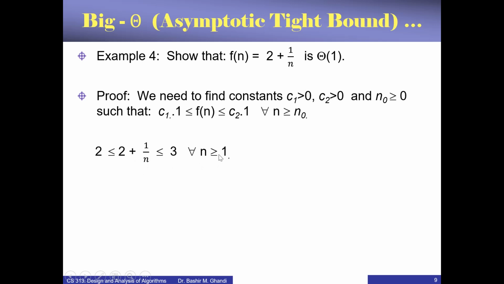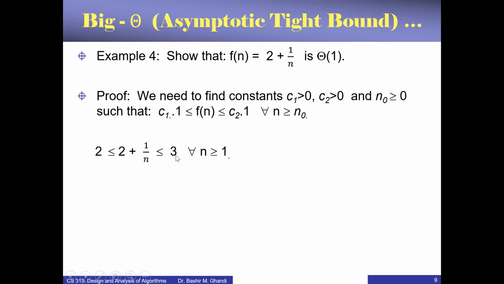So as long as n is greater or equal to 1, 2 will be less than 2 plus 1 over n. Even if n is 1 million, we're still going to get some value, 0.000 something. So if we add that to 2, it will definitely be greater or equal to the 2 without that addition. Okay, so that is clear.